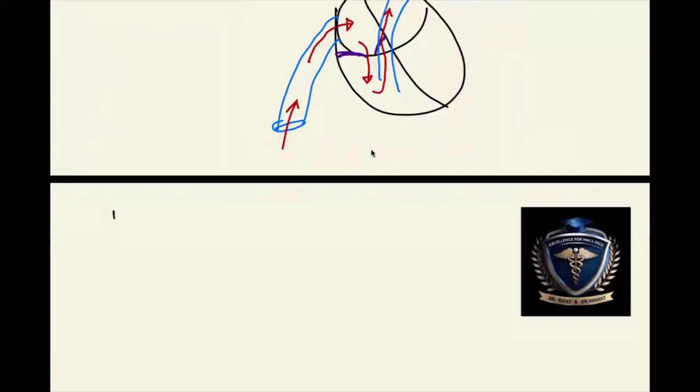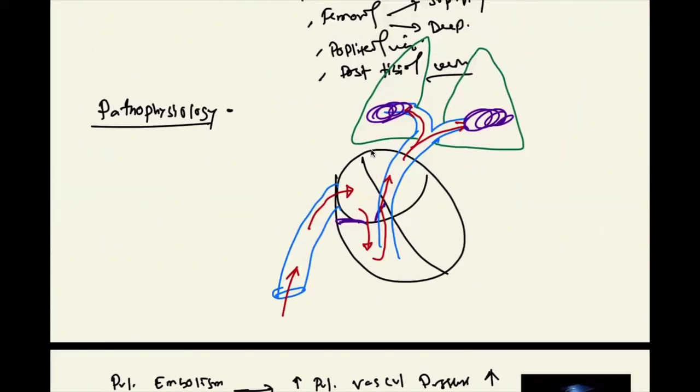So at first, pulmonary embolism. What will be the pulmonary vascular pressure, decreased or increased? Increased. Pulmonary vascular pressure will be increased, so pulmonary hypertension. Blood can't go further forward. So what about the pressure in the right ventricle?